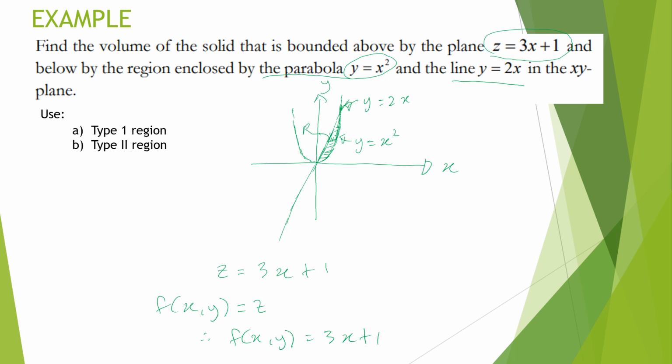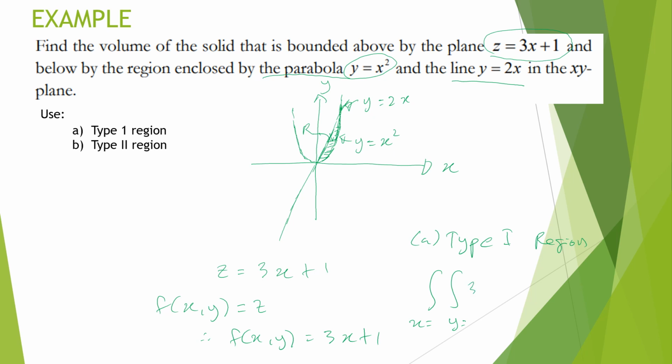Okay, so for a type 1 region, since it is vertical, the format should be x equals what value to what value, and y from what function to what function. Make sure the outside limits are constant numbers.